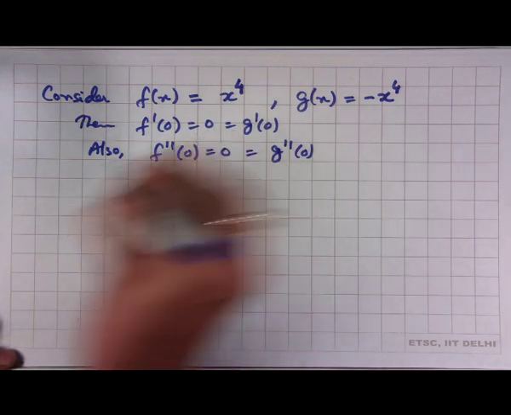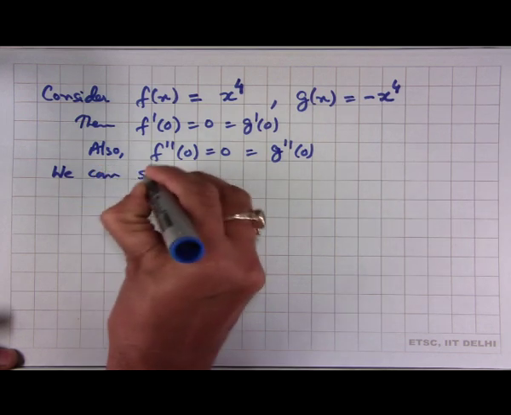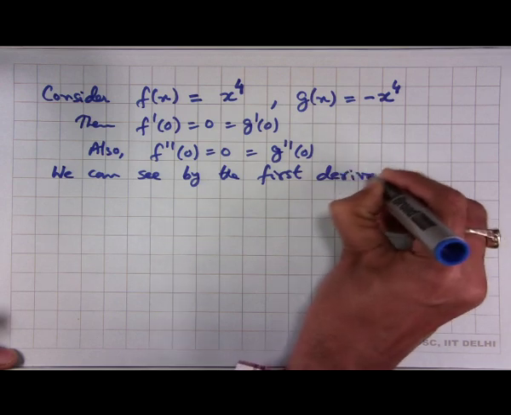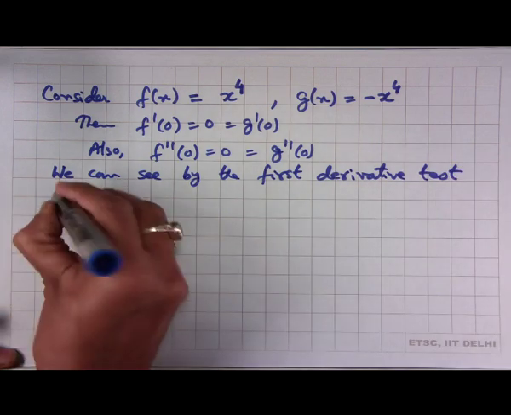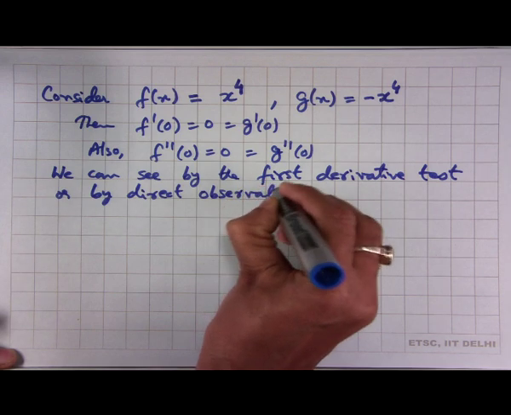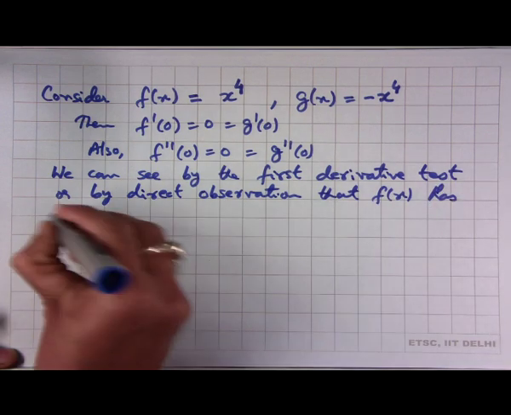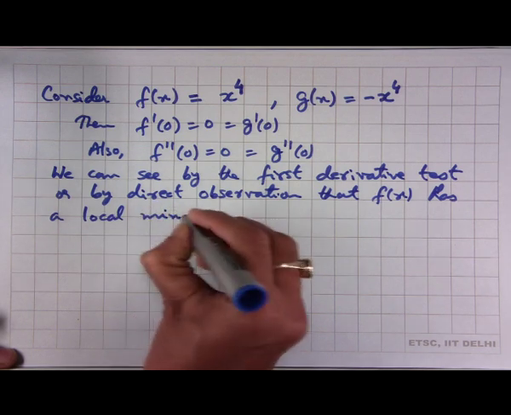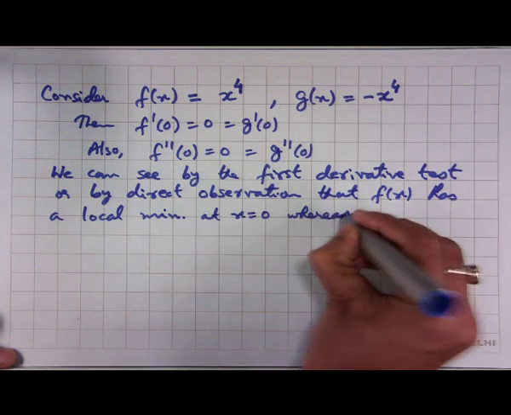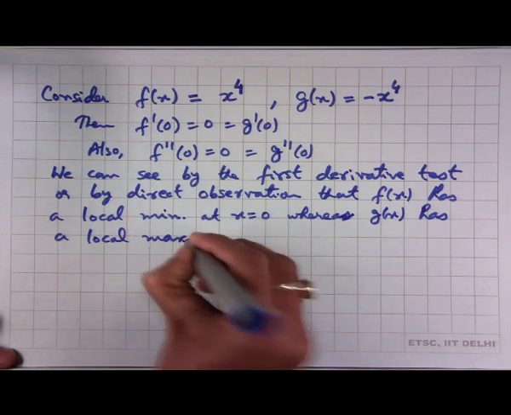and if we see directly, we can see by the first derivative test or by direct observation that f x has a local minima at x equal to 0, whereas g of x has a local maxima at x equal to 0.